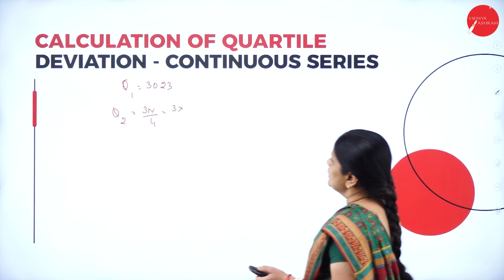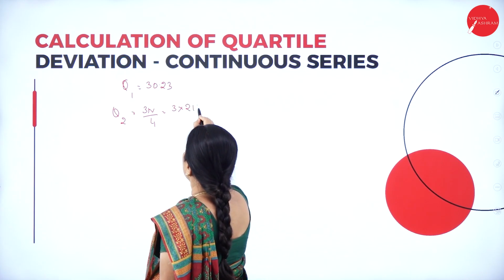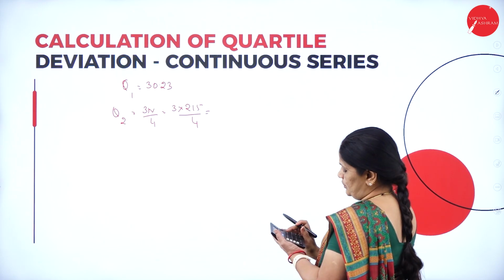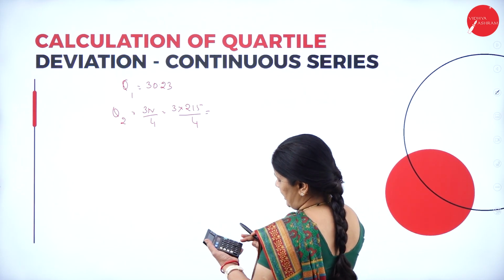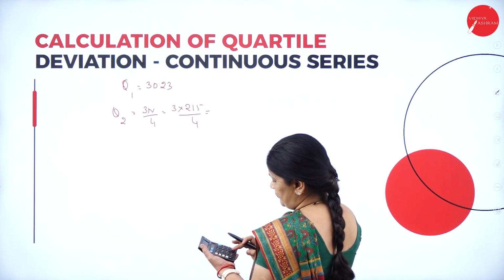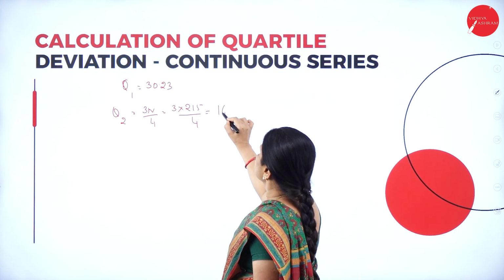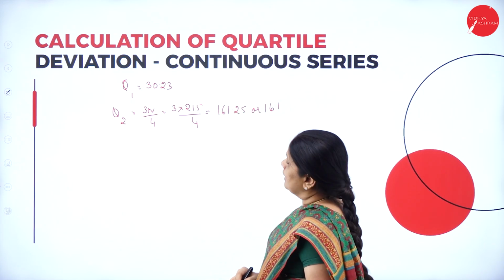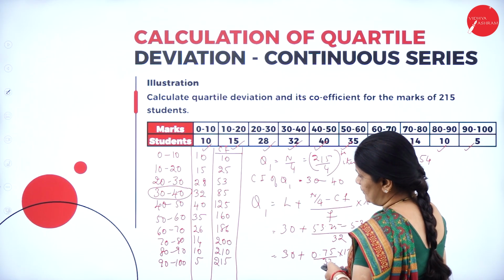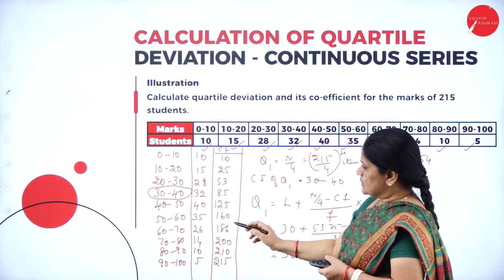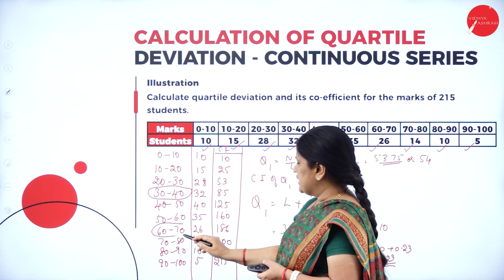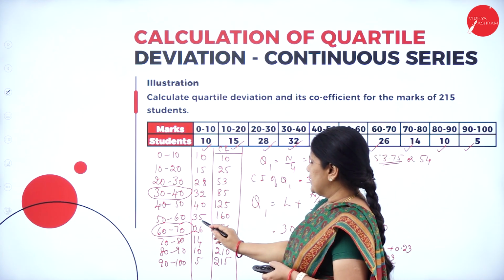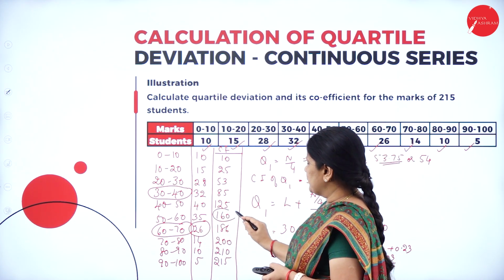So 3 into 215 divided by 4 equals 161.25 or 161. Now we will see in this where 161 falls here. So it will be between 60 to 70. Then we also have the frequency and the cumulative frequency.